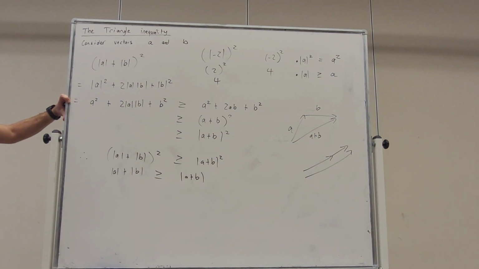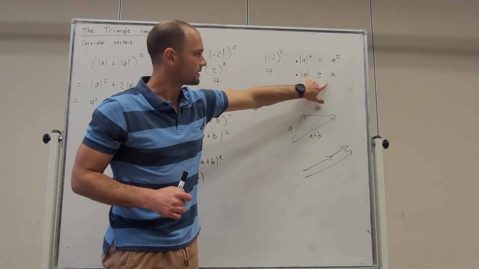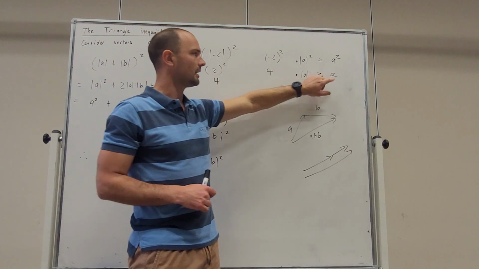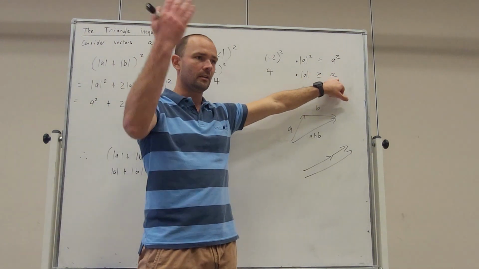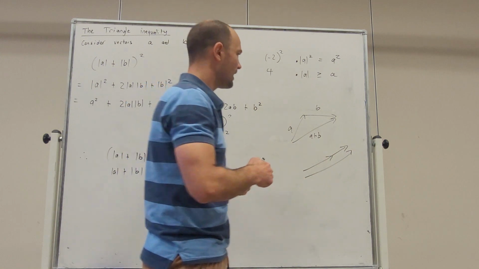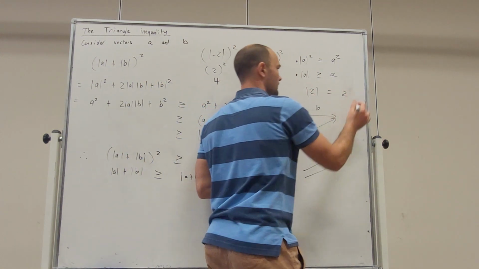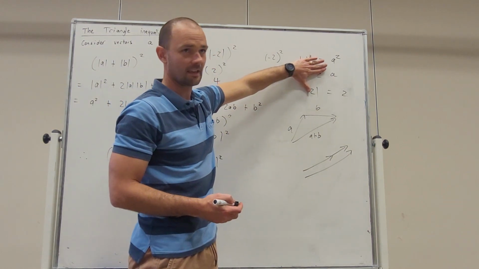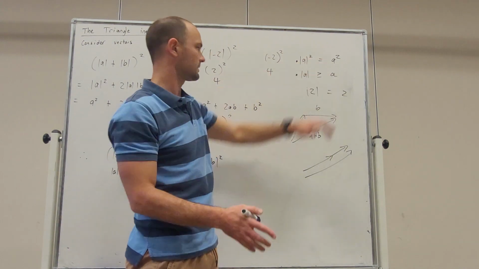Okay, then I'm going to introduce an inequality. Now the substitution we're going to perform uses this second property, that the modulus of A is greater than or equal to A. Now, if A is 2, the modulus of 2 is 2. So in this circumstance, the modulus of A is equal to A. All right, so that's the equal circumstance.